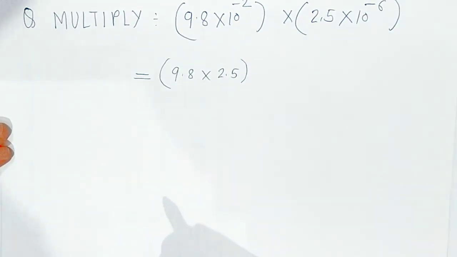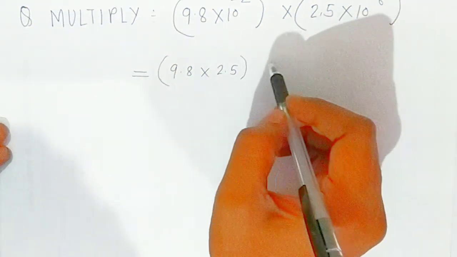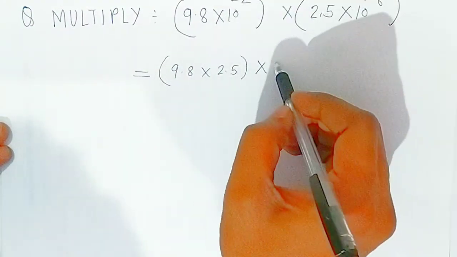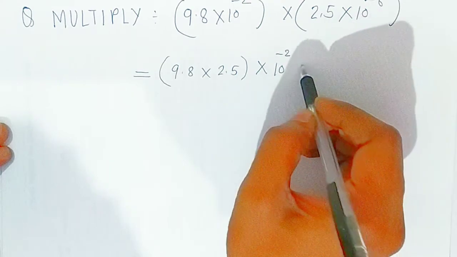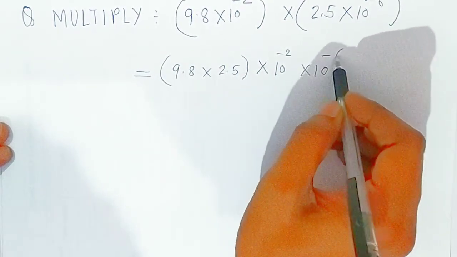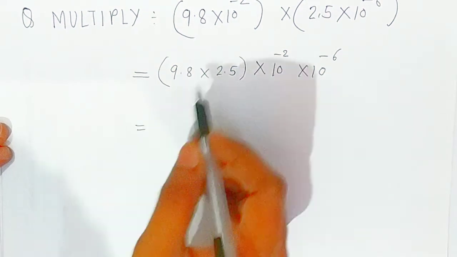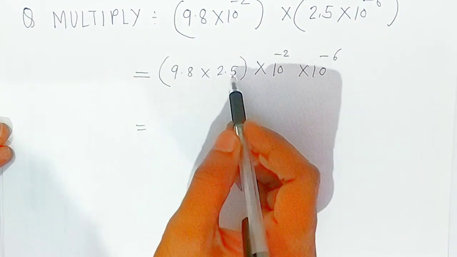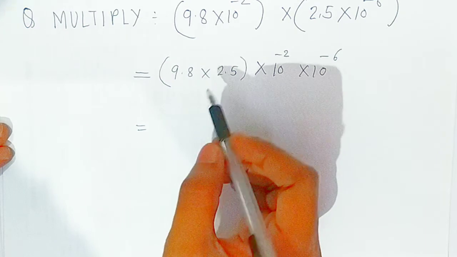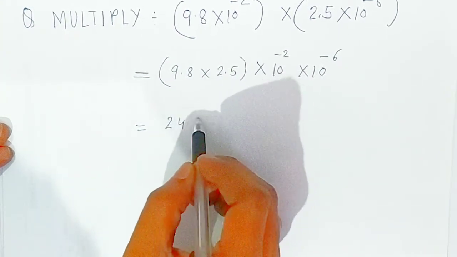After that, we will multiply 10 raised to minus 2 into 10 raised to minus 6. Now when you multiply 9.8 into 2.5 without the decimal, it will come 2450.